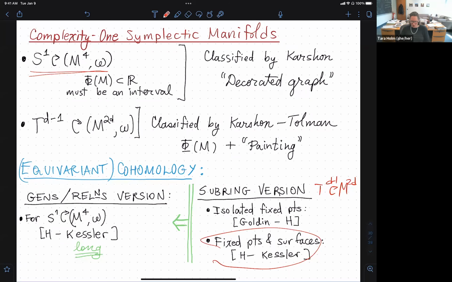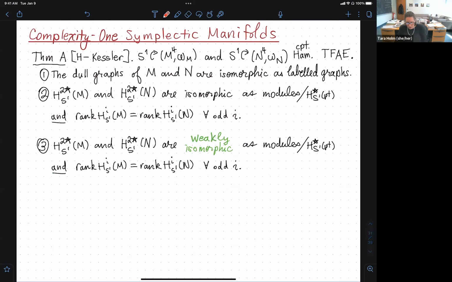Okay, so this is a long paper, and what we actually prove is that for a complexity one space, instead of Yael's decorated graphs, we define something called the dull graphs, where we throw away a little bit of information. And we prove that the following things are equivalent.